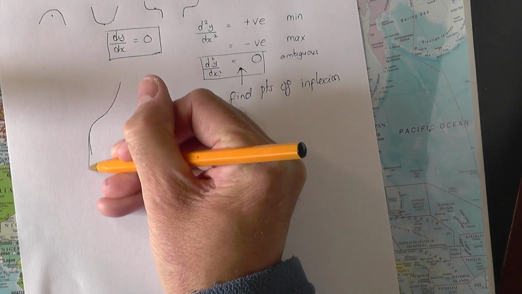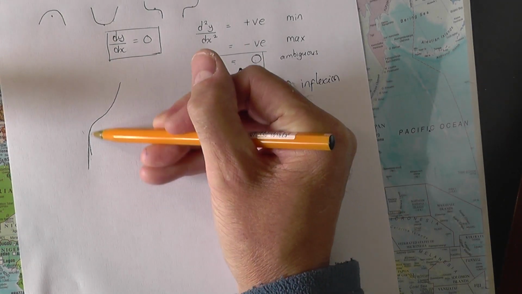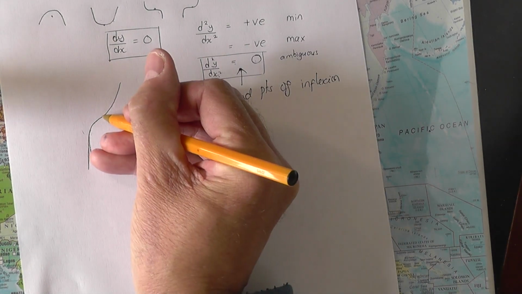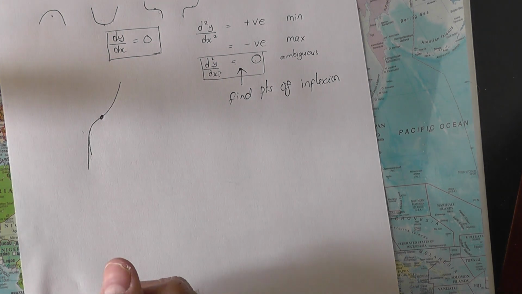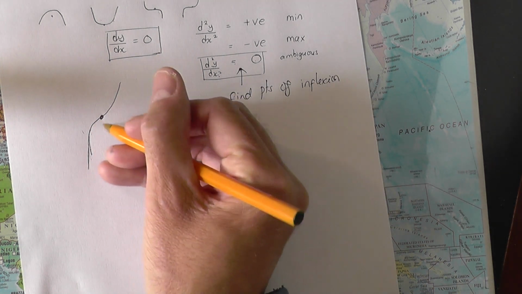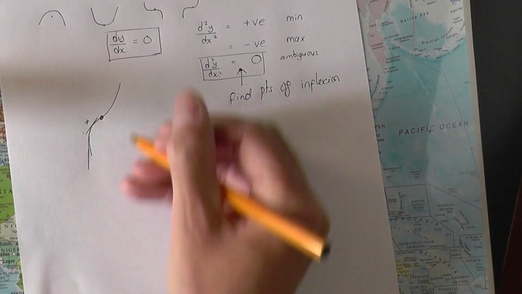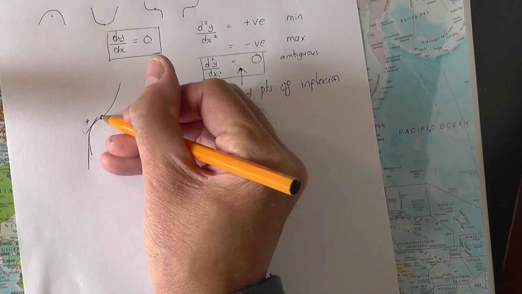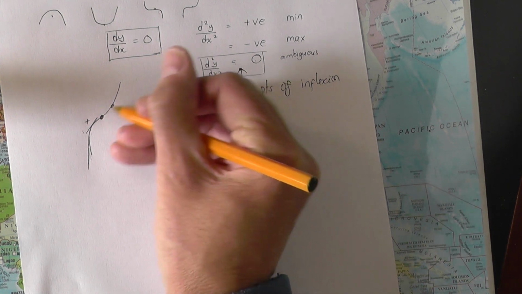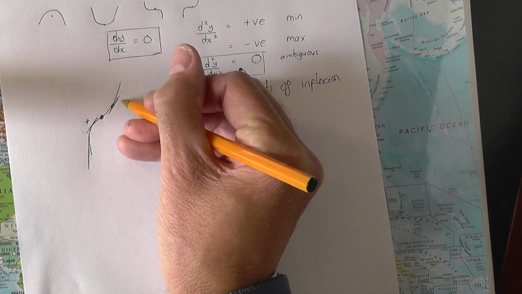And so what you've got is it swings round, but at that point there, which is a point of inflection, you do not have a stationary point because the gradient isn't zero. The tangent isn't a flat line. The gradient goes from being positive one side of the inflection point, and then on the other side it's also positive.